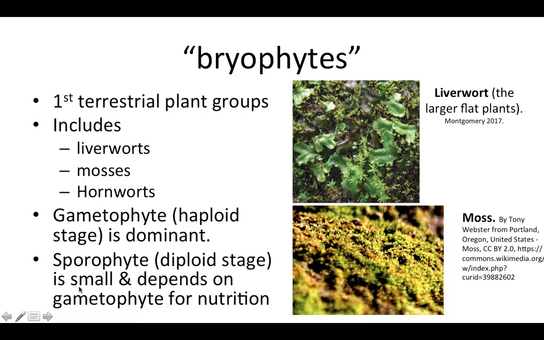There's a sporophyte, but the sporophyte is always going to be small, and it's always going to be attached to the gametophyte, and it will always depend at least partly on the gametophyte for nutrition, so for sugars and other nutrients. Here's a couple of examples of bryophytes. We have a liverwort. They don't always have this flat form, but this is a form that we are commonly used to seeing. You might find this growing on rocks near a stream, for example. And then moss. Moss has a variety of forms, but this is a typical one we might see.